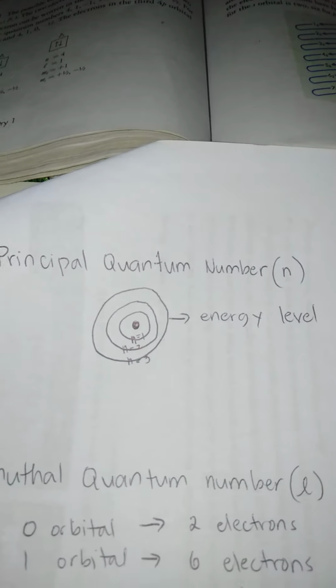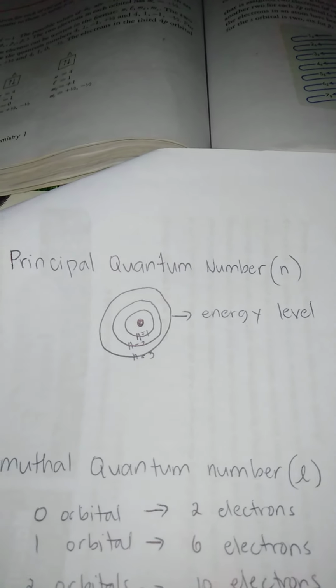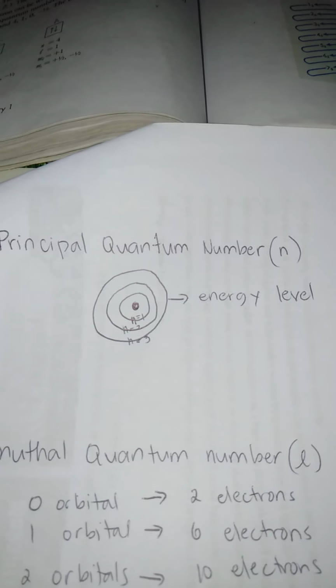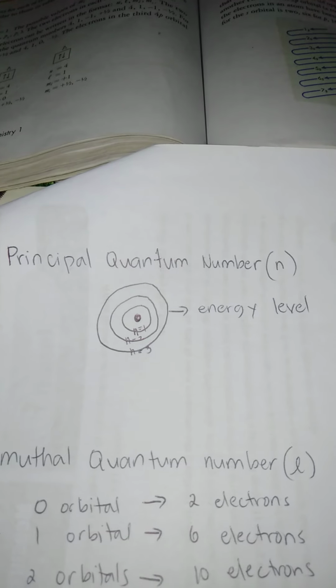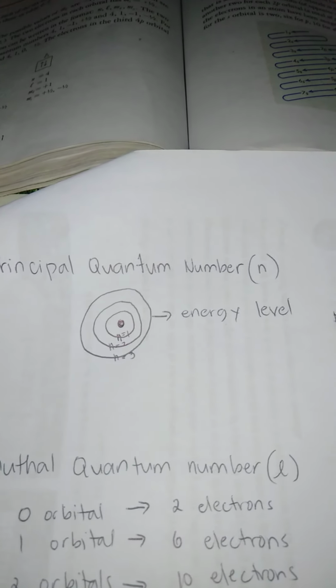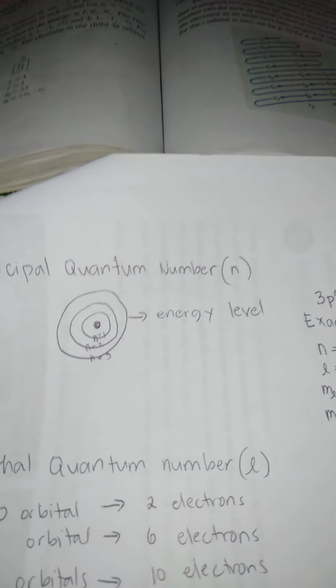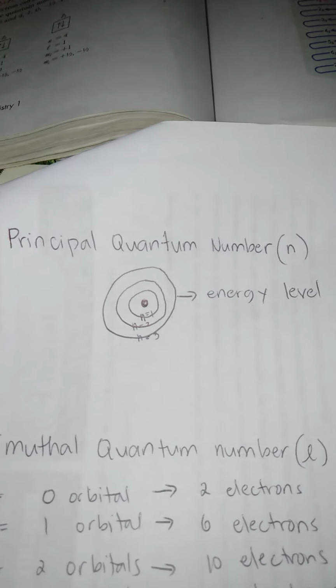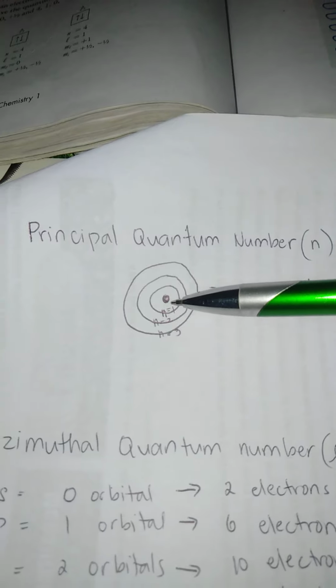So, what do we mean by principal quantum number? The principal quantum number is the energy level of an atom. You can find here a simple illustration.